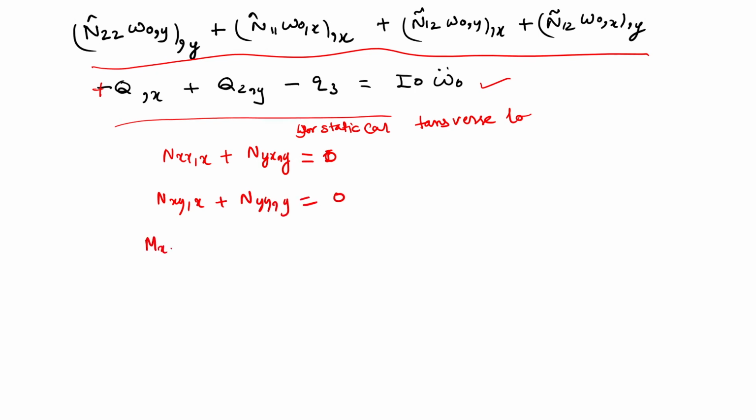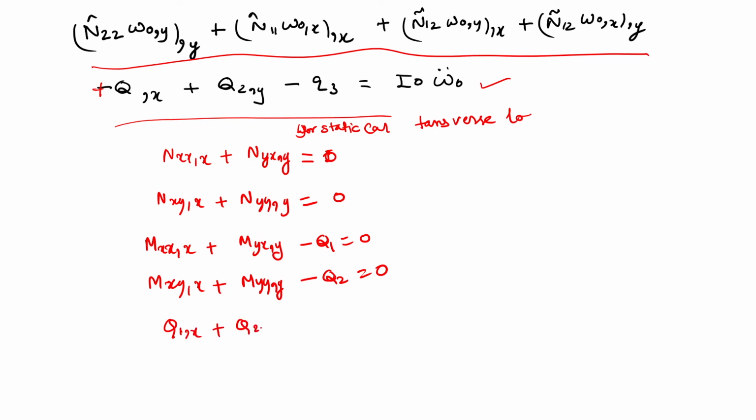Then mxx comma x plus myx comma y minus q1 is going to be 0, then again mxy comma x plus myy comma y minus q2 is going to be 0, and already we have written that q1 comma x plus q2 comma y minus q3 is going to be 0.